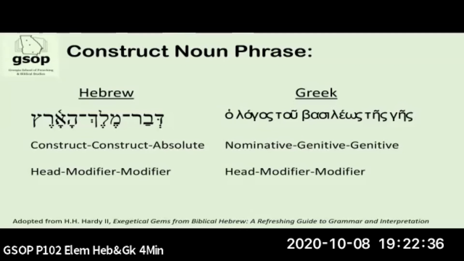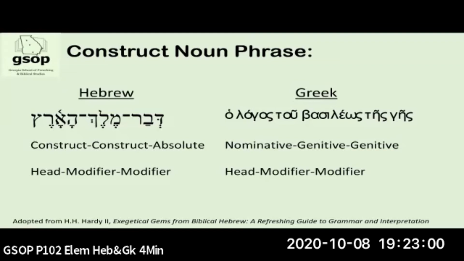So we already saw haaretz. Haaretz is land. Ha is the article, so haaretz is the land. Melech is king. And davar is word, and this is the construct form and absolute form. So davar is construct, melech is construct, but haaretz is absolute.